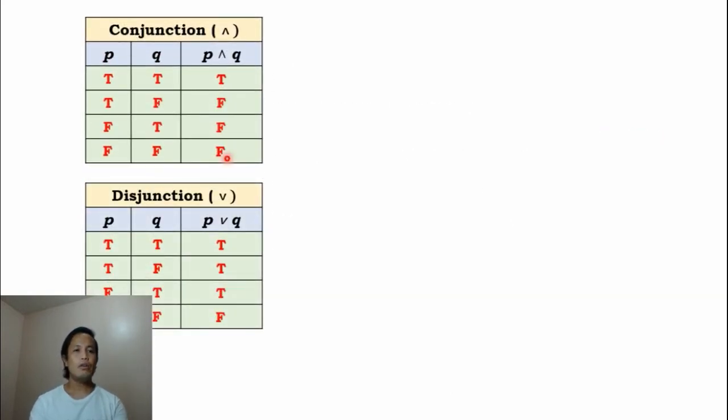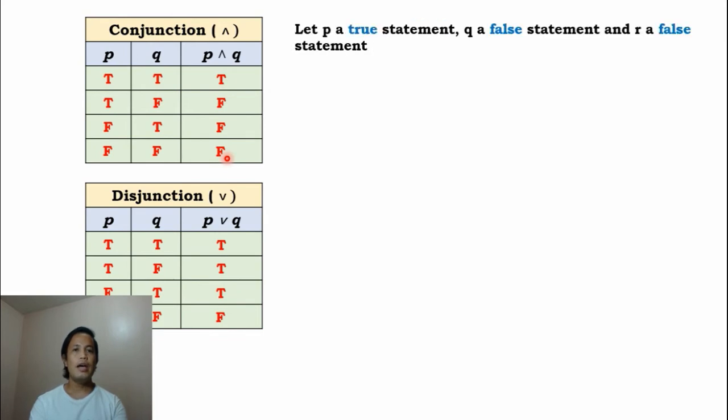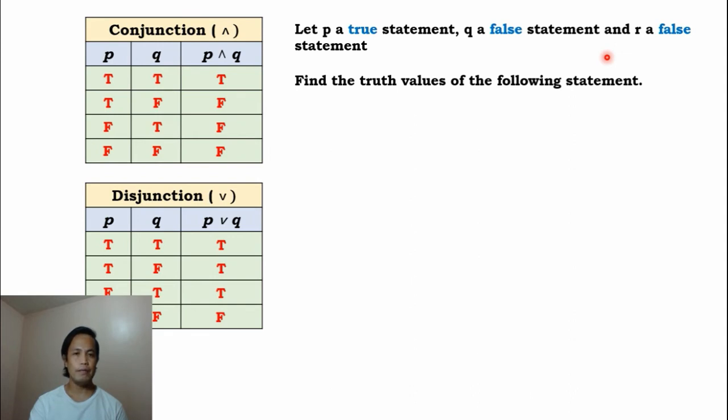We have here again the conjunction and disjunction, and we let P be a true statement, Q a false statement, and R a false statement. We are to find the truth value of the following statement. So we write the equivalent of our statement here. P is true, Q is false, and R is also false.